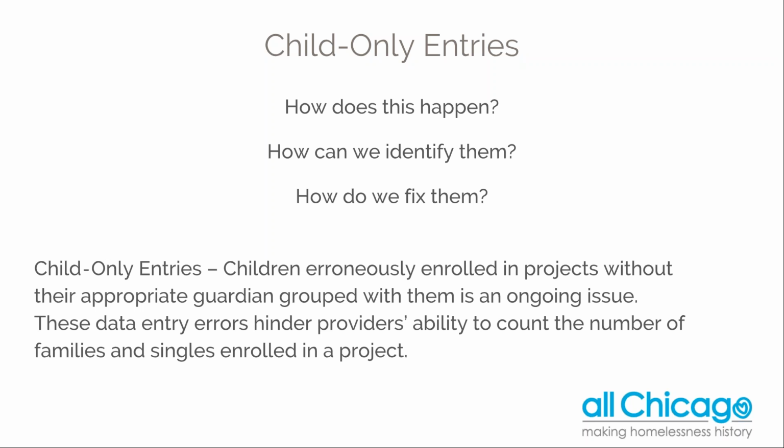What that does is that the system reads that as this is a child, only one person being enrolled into this project. It doesn't recognize that if it's someone with the last name of Smith, there are already 2 Smiths enrolled in this project.